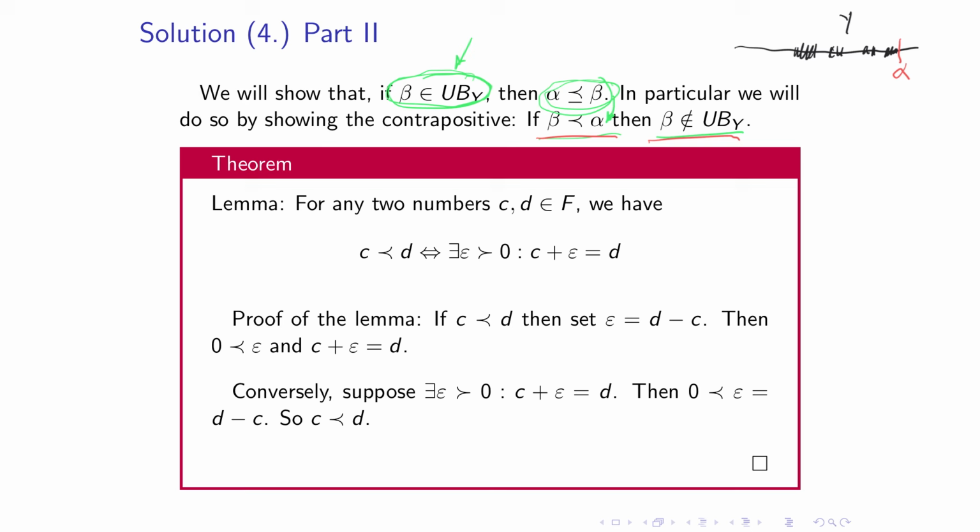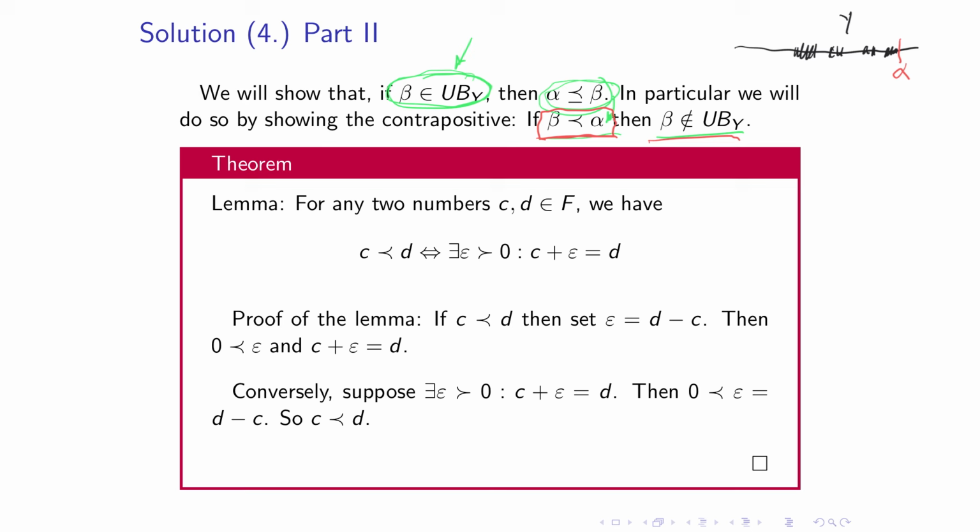So that's why approaching the contrapositive is easier than approaching the original conditional. Property number 2 interacts much more naturally and nicely with beta strictly precedes alpha. So that's why we're going for the contrapositive.